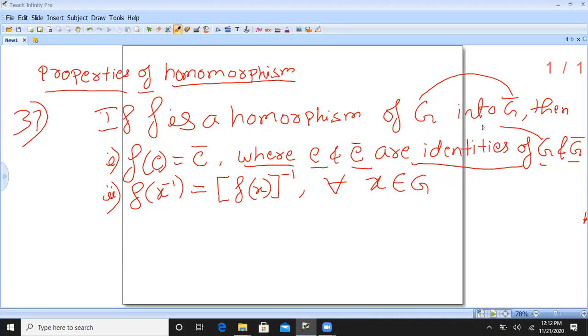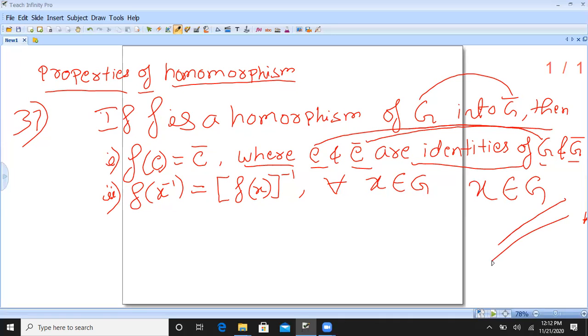Next, f(x inverse) = (f(x)) inverse for all x belonging to G. These are the given conditions for you.